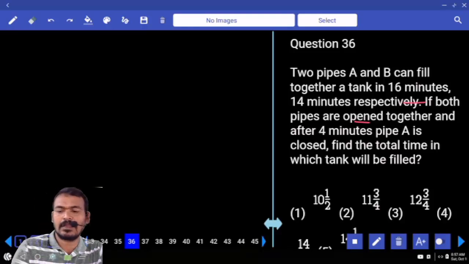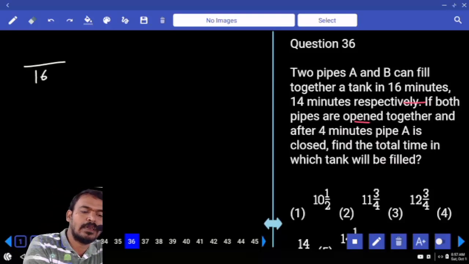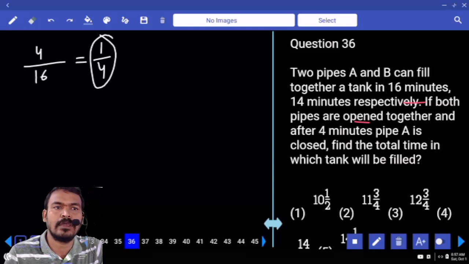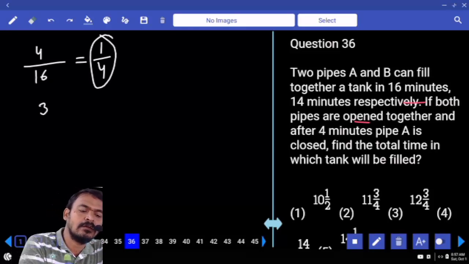What is the 1 minute work of A? 1 by 16. It is open for 4 minutes, so 1 by 4 of the tank is filled. The remaining tank is 3 by 4.